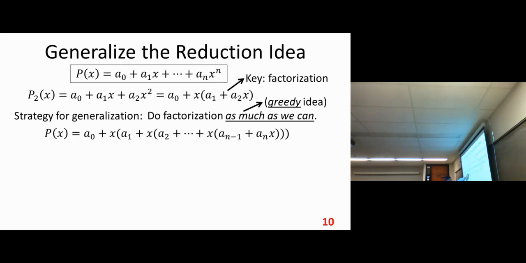After we complete the first factorization, we cover the first term, then we can do factorization on the remaining terms, and so on. So here you can see, if you maximize the way to do the factorization, you can take advantage of the gain we enjoyed in the previous example. So that's the simple idea.